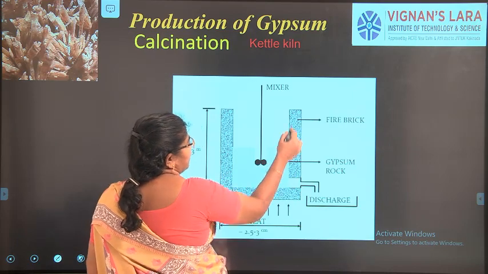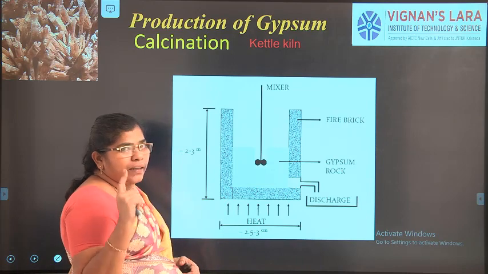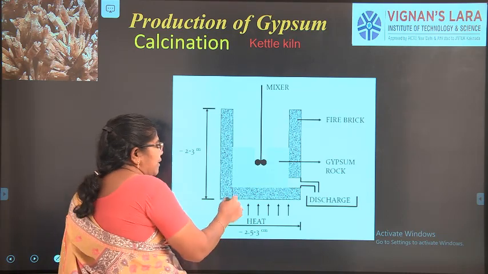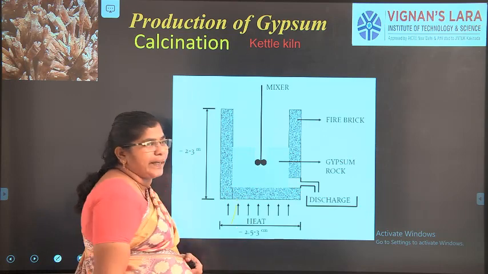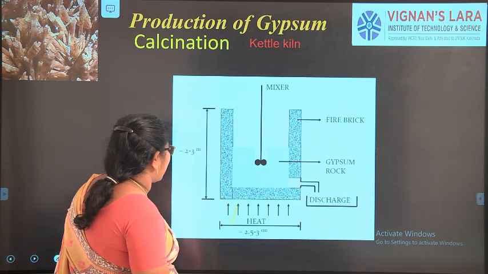Gypsum rock will be there. It is lined with brick. As I told you, bricks are used for lining purposes. The heat will be applied here, up to 190 and above, up to 300 degrees centigrade.